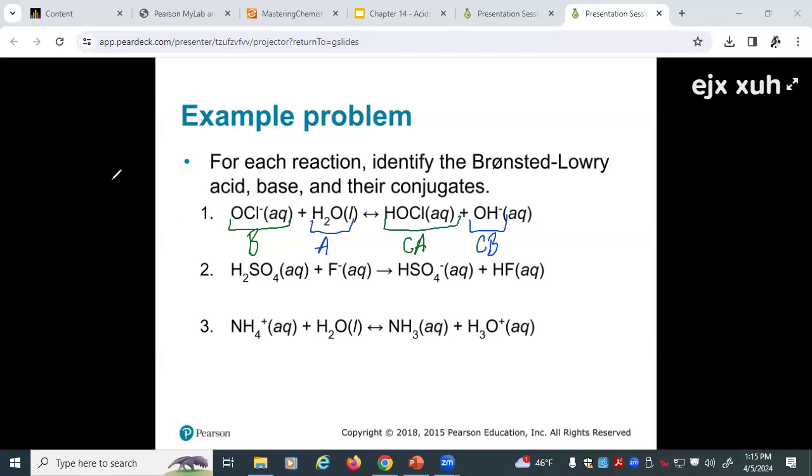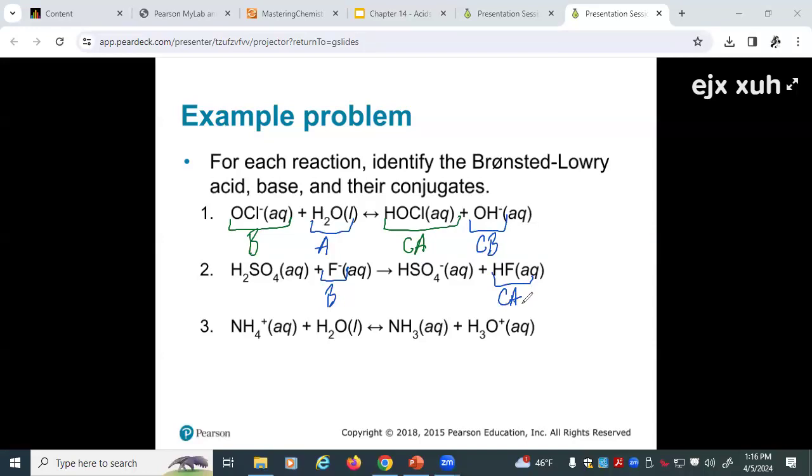All right, let's look at the second example here. Here I have sulfuric acid and fluoride ion. Now, again, in this scenario, it's actually pretty easy to pick up on what the base is because an acid has to have a hydrogen to donate. There is no hydrogen in fluoride. So that's a pretty good sign that it's going to be the base, which makes HF its conjugate acid.